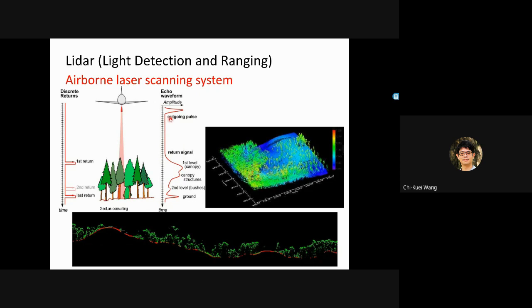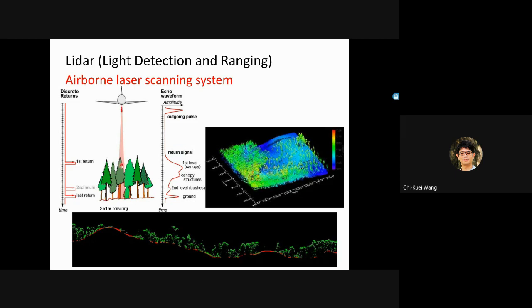Because this laser will hit the top of the surface, some energy gets reflected back from the vegetation canopy. It could reflect from the leaf, or it could reflect from the branches. Because the laser footprint has a certain size, and there are spacings between leaves and branches, the energy being reflected comes back to the airplane, to the system.